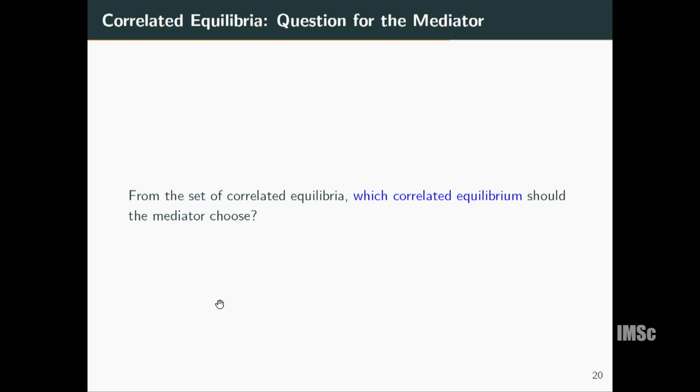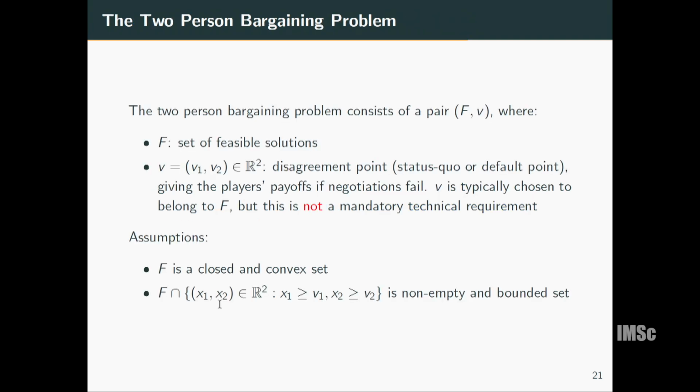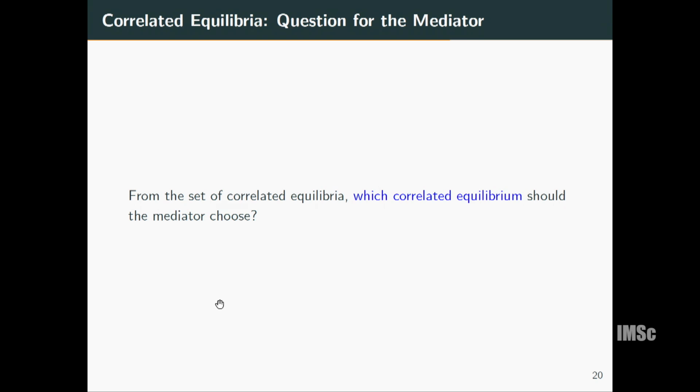Why is mentioning every time that this set is convex or closed important in this context? It's important, right? Why do we say that something is convex?